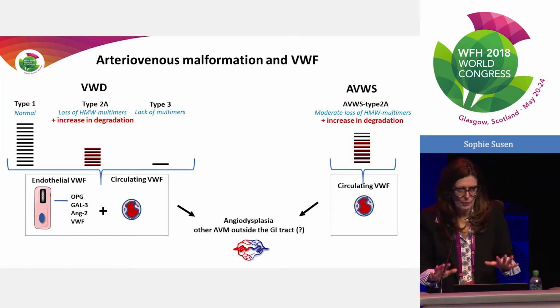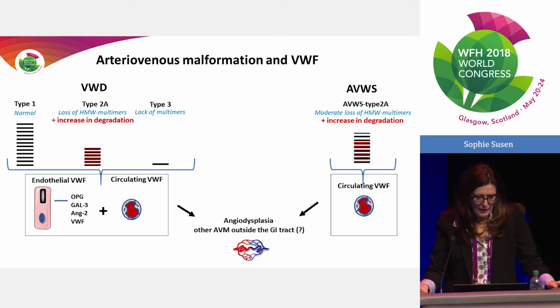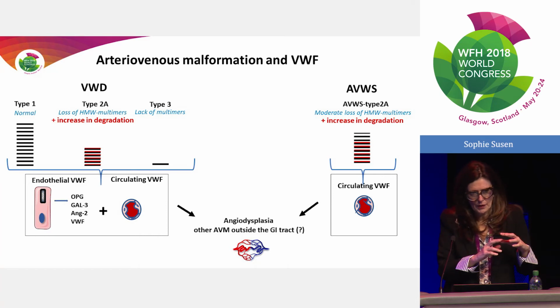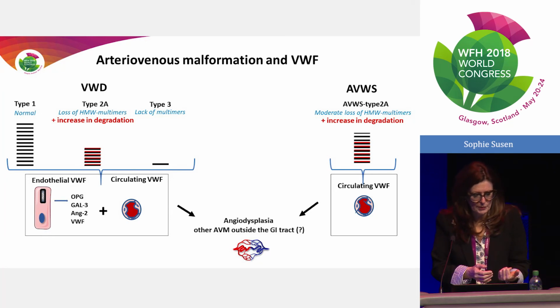And to try to draw the whole thing, on the left side you have patients with von Willebrand disease who have an endothelial cell in which the Weibel-Palade bodies contain an abnormal VWF, and maybe the release and the storage of angiogenic factors such as OPG, galectin-3, and ANG2 are abnormal. And they also have circulating abnormal VWF, sometimes in type 1 with normal multimers, sometimes in type 2A with decreased multimers associated with an increase in proteolytic fragments, increased degradation, and in type 3, a lack of multimers.